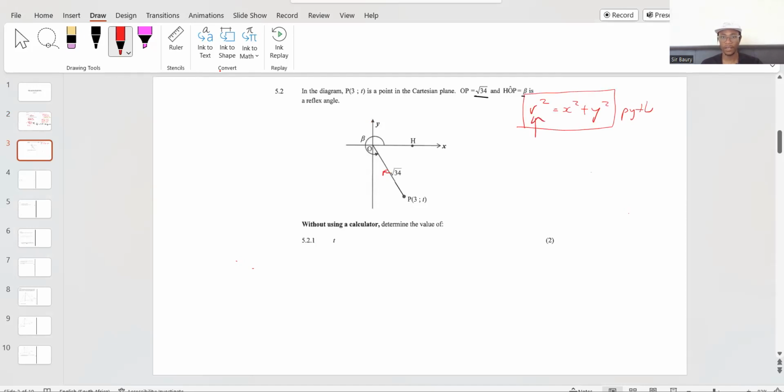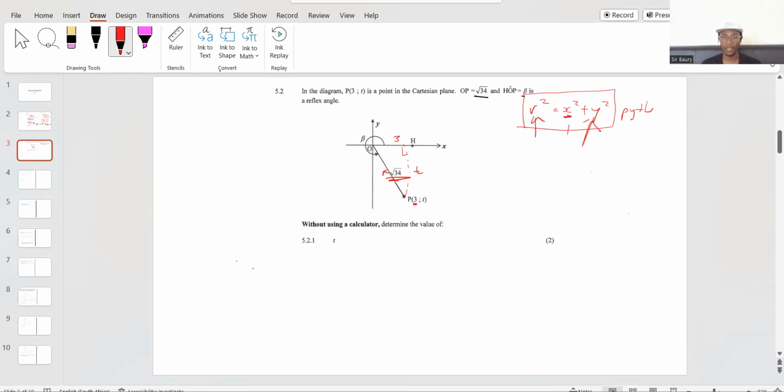We have R, we know R. Where is our X? We are given X. Okay, here is X. Right, so here I'm going to have 3, right? And then I have T this side, which is Y.